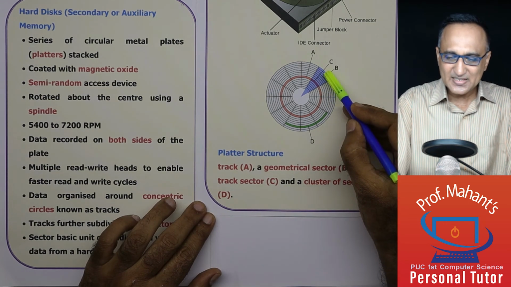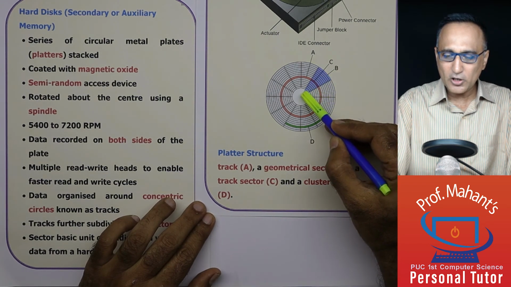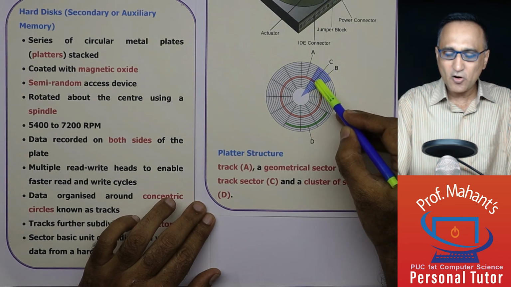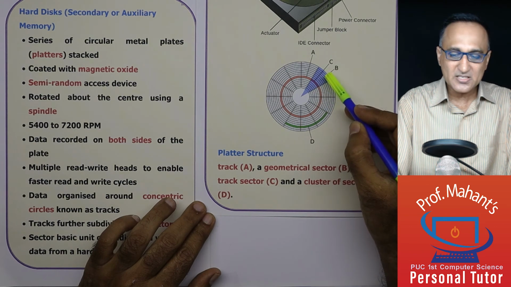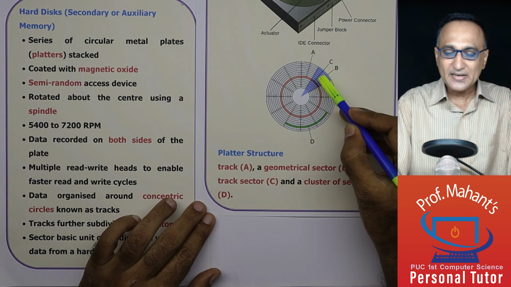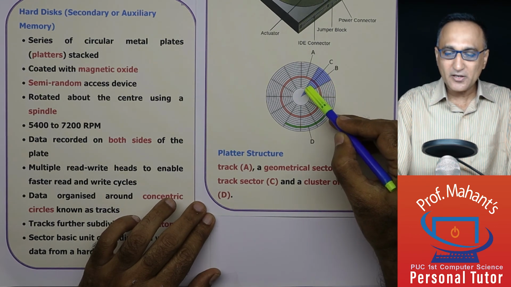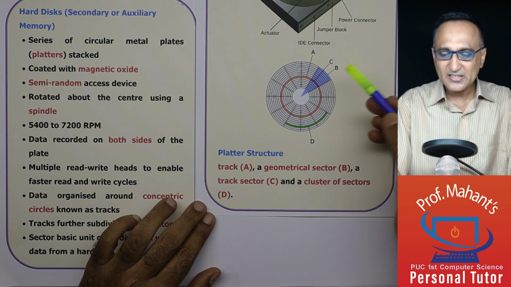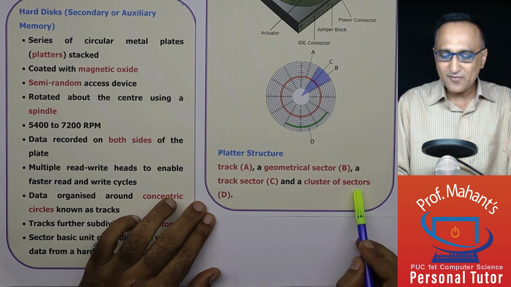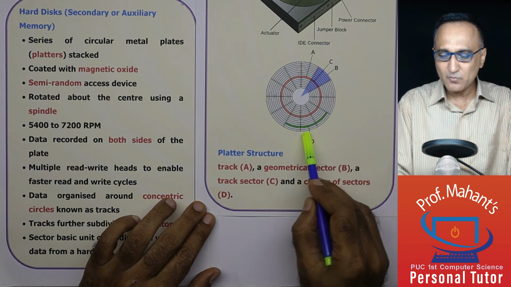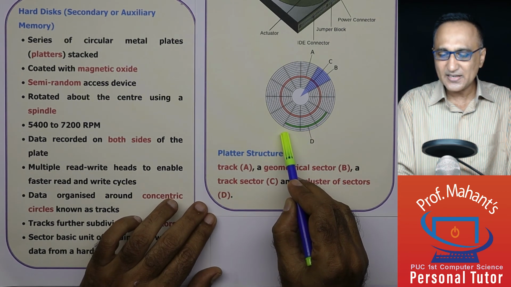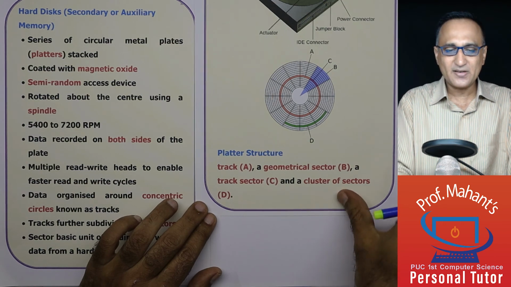That means the sectors which are common to all the tracks, so there are going to be multiple sectors belonging to multiple tracks. And finally, you have a cluster of sectors. On the same track, if you have more than one sector, that is called a cluster of sectors.